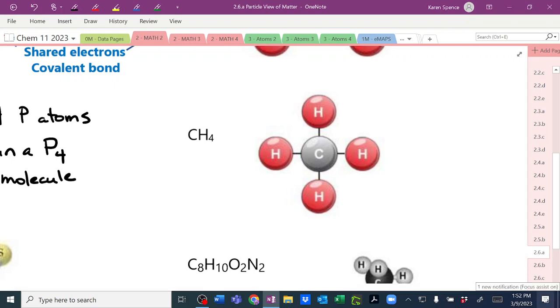We have something more complicated like CH4. Does anyone know what CH4 is called? Probably not, I'm guessing. CH4 is called methane. And it's the gas that comes out of these gas pipes, and so it's what burns when we light the Bunsen burner.